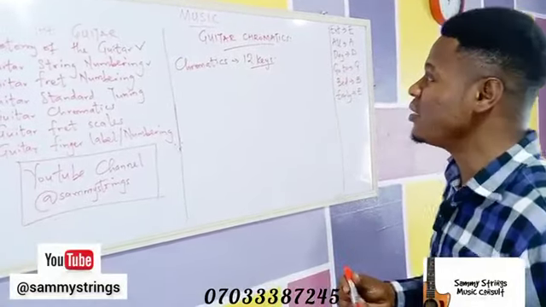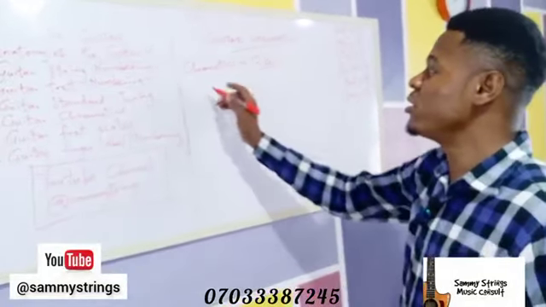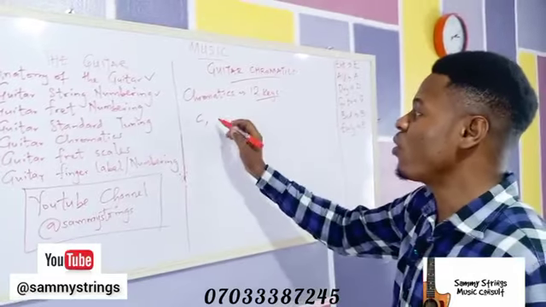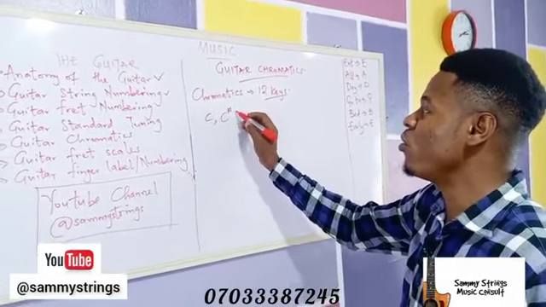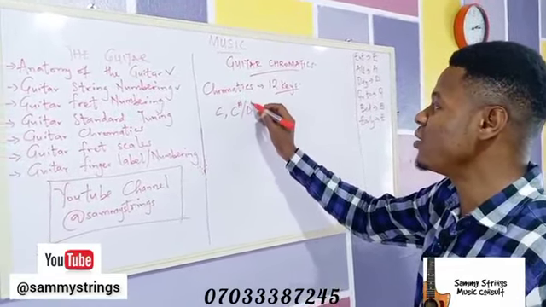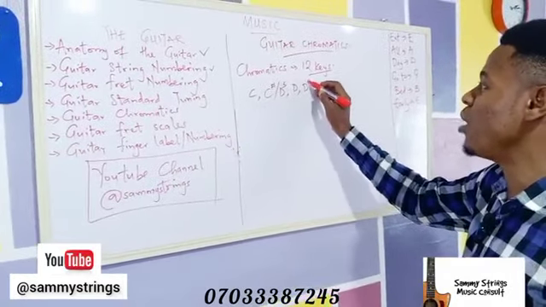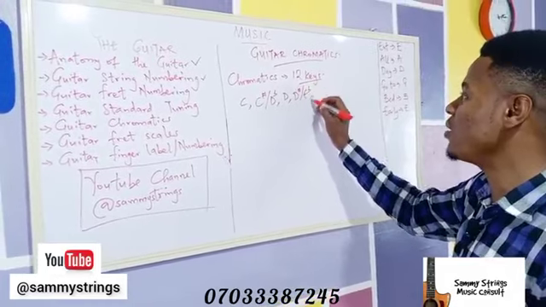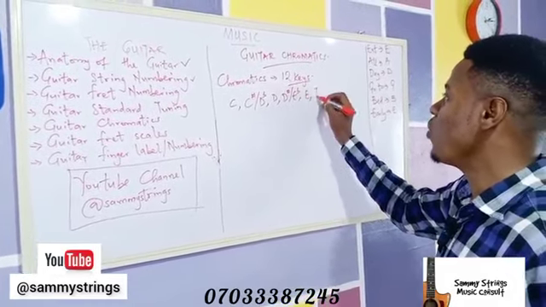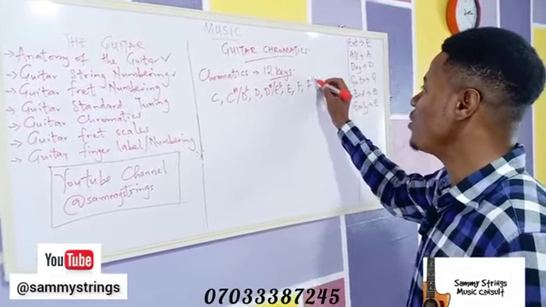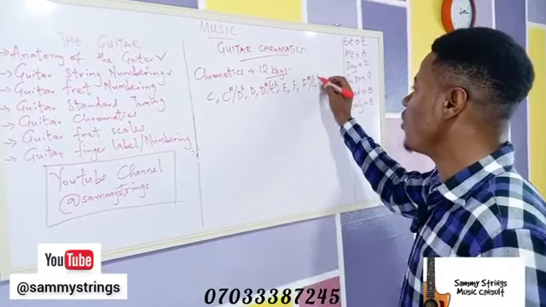And what are these keys? We have what we call the C. We have the key of C sharp, or what we call D flat. We have the key of D. We have D sharp, or E flat. We have E. We have F. We have F sharp, or G flat.